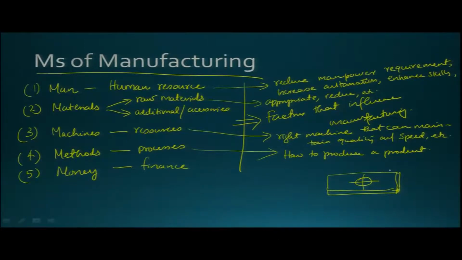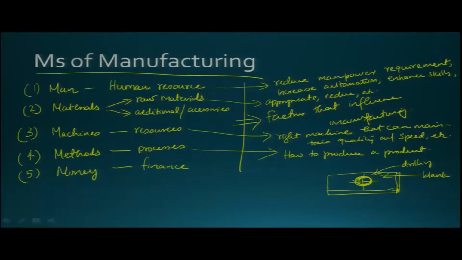You can use a drilling machine to do this, as one option, or you can use a blanking operation, where you punch a hole through it. So, depending upon how you want to make the hole, based on the finish and other requirements, choosing the appropriate technology is important. Then obviously finance. Okay, how to minimize the cost of manufacturing.